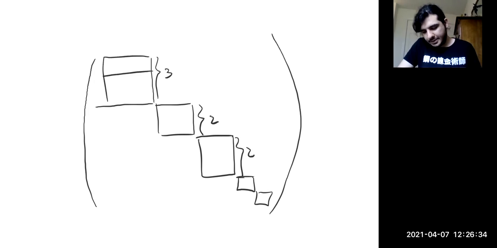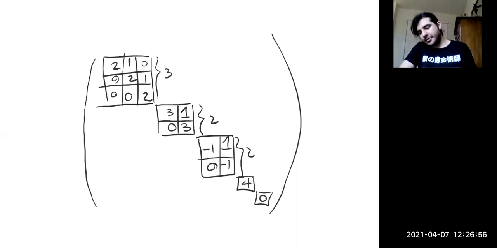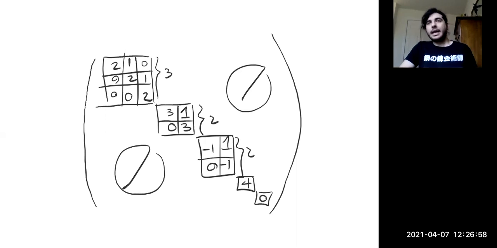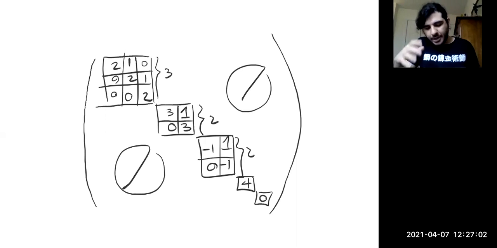For example, it can be something like this: 2, 2, 2, 1, 1, and everywhere else 0. Then there is a 2 by 2 Jordan block, say 3, 3, with 0 above that. Another 2 by 2, let's say -1, -1, with 0 above that. And then two more, say 4 and 0, and everywhere else 0. Anything written in that form is called a matrix in Jordan form.